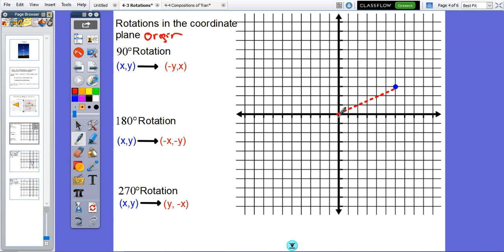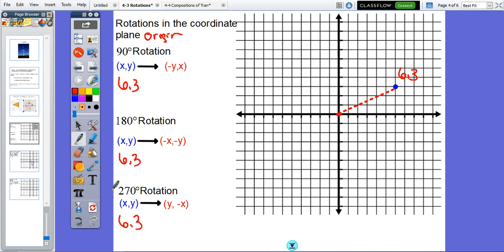So we're going around the center. But think about it, every single one of these points will also rotate. As it's rotating around, not just that point right there, but every single point on this line. We can almost think about it as a vector because every single one of these is going with it as well. So this point right here is 6, 3. This will be the one we're going to use as our example for all 3 of these.